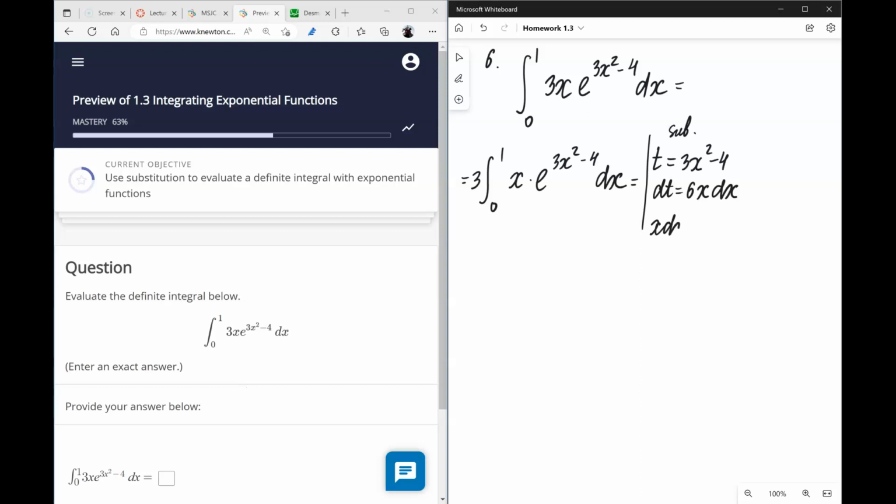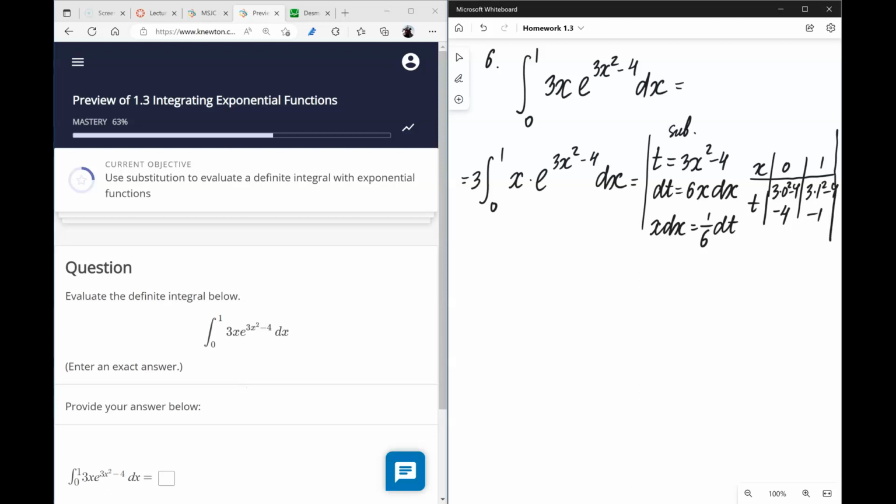So x dx is equal to 1/6 dt. And I'm going to change the limits. So when x is 0, t is 3 times 0 squared minus 4, so it's -4. And when x is 1, it's -1.